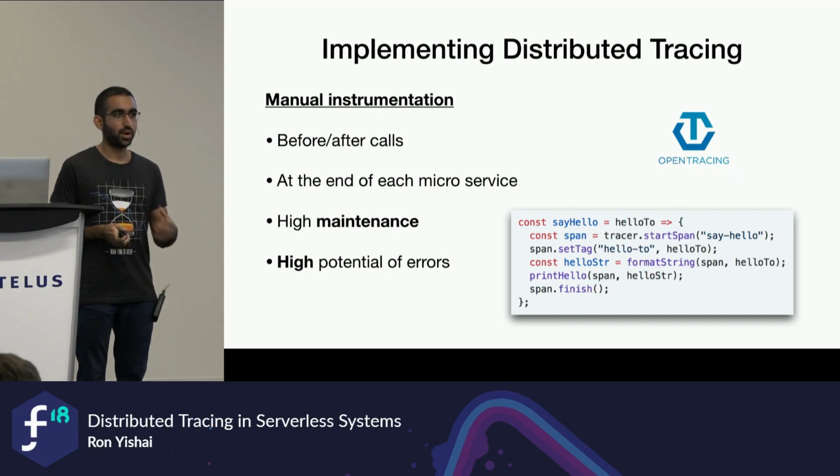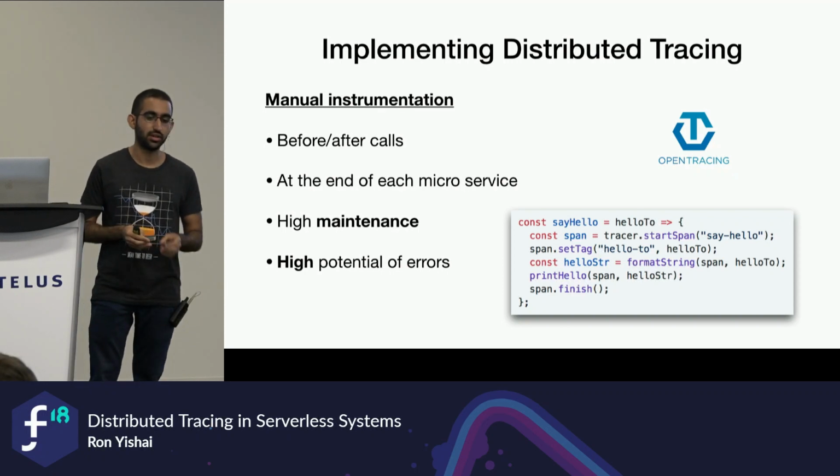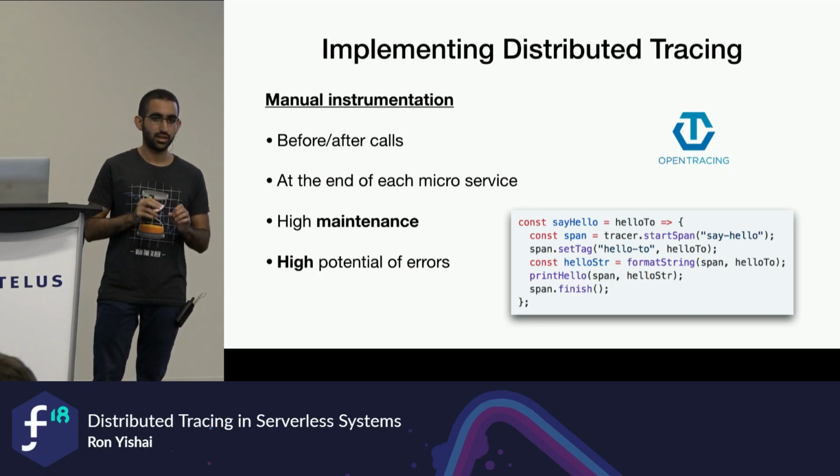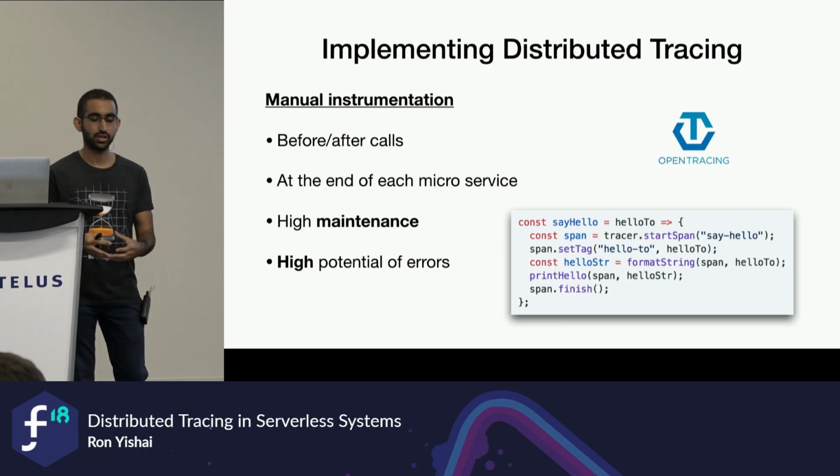What I need to do is called instrumentation, and it should be done manually. I need to instrument, or hook, before or after calls that I make in my code, and collect information, collect traces.